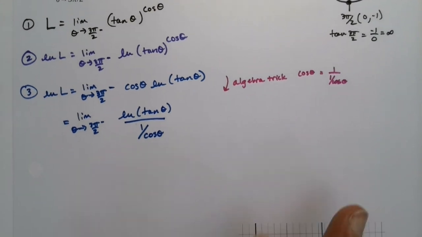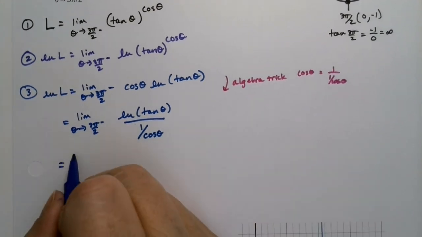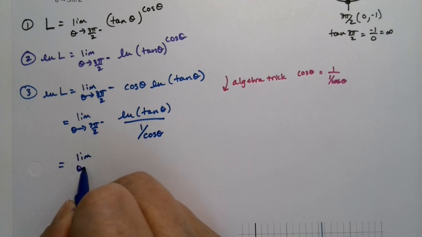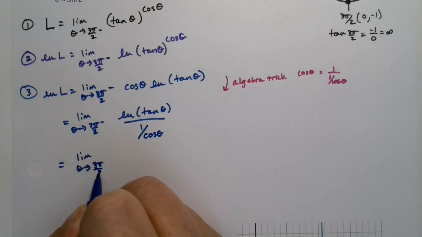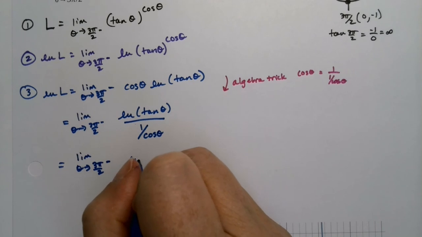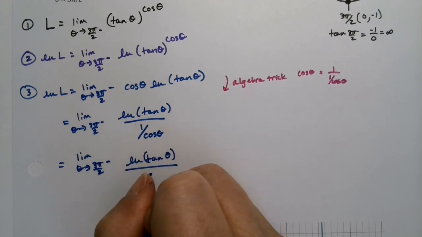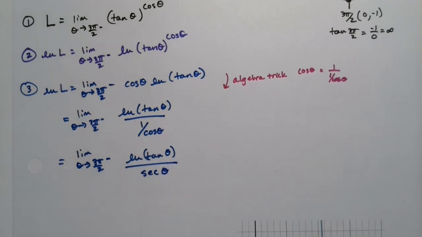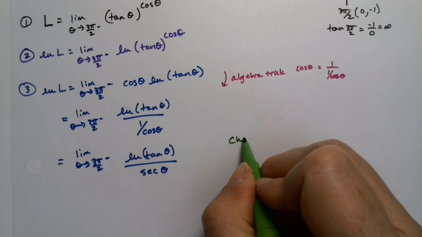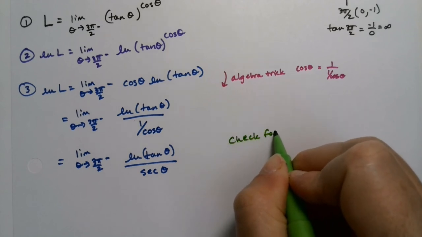Okay, how in the world is that helpful? Well, because that's the limit as theta goes to 3 pi over 2 from below of the natural log of the tangent of theta over 1 over the cosine, which is the secant of theta. Let's check our form. Let's see where we're at. So check form.